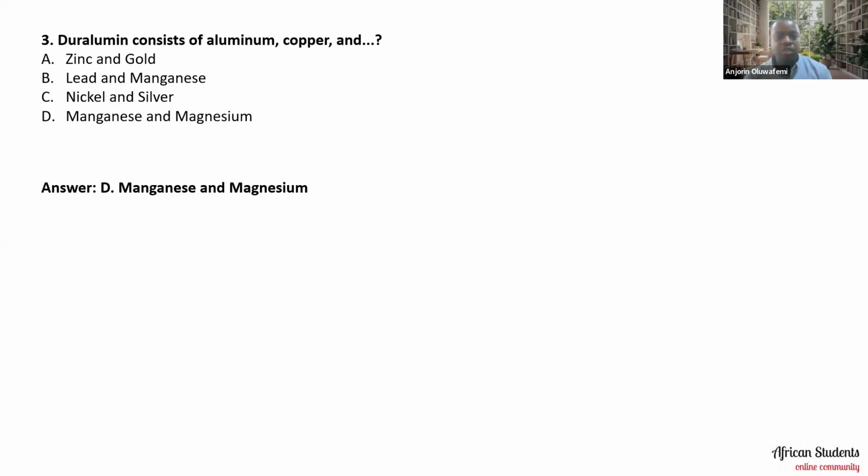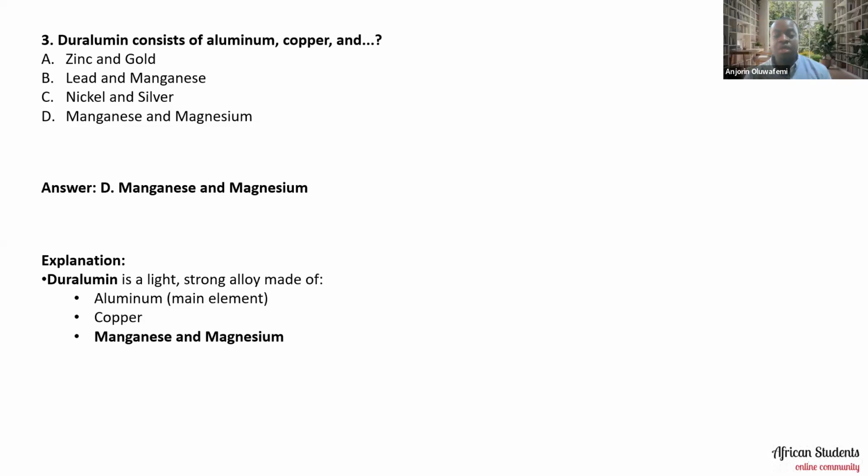So it consists of aluminum, copper, then manganese and magnesium. So duralumin is a light, strong alloy made of aluminum, which is the main element, then copper and manganese and magnesium.